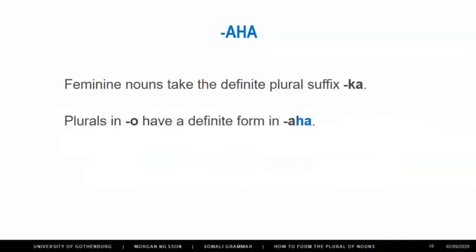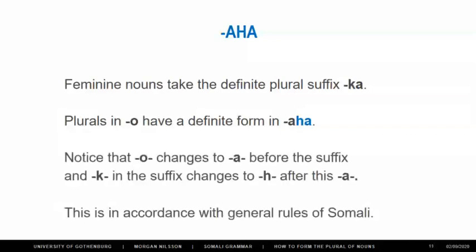And the same is true for feminine nouns that have the plural suffix o. These feminine nouns will always have the definite form ending in aha. Notice that the plural o, the vowel o, changes into a before the suffix.